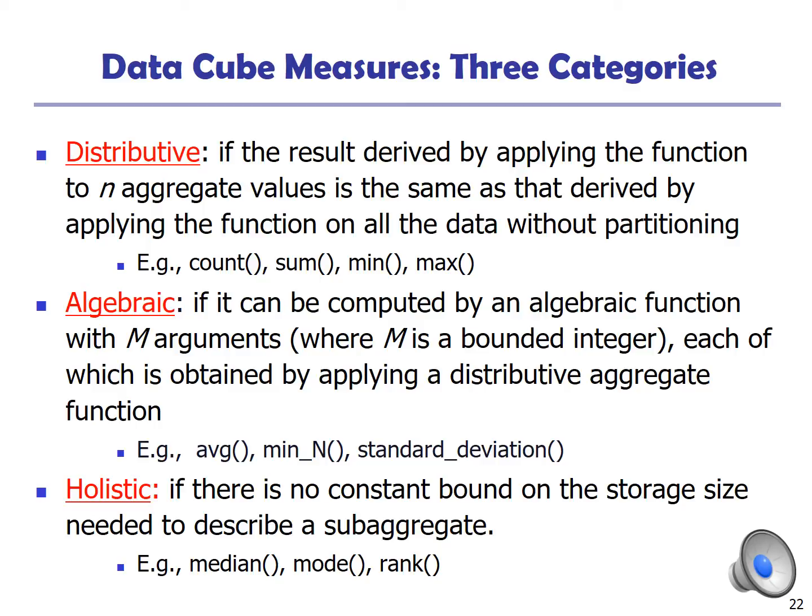If you have 100 values, you cannot distribute it into 10 different sets, find the median of each set, and say the median of all the 100 values is the median of these medians. That's not going to work. You have to find the median of the entire 100 values by sorting the 100 values and finding the median. Similarly for mode. So that's the holistic measure.